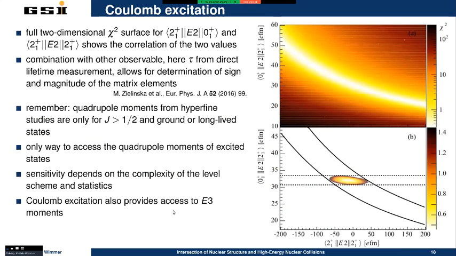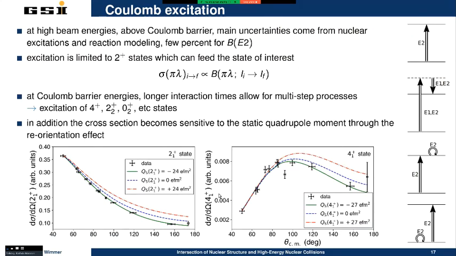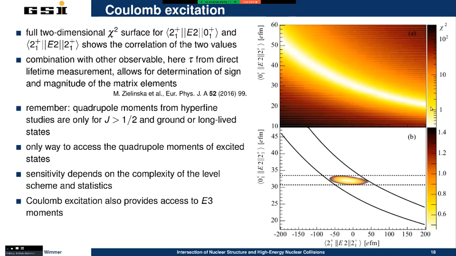Maybe it becomes a bit clearer on this plot, because typically the way this is analyzed is in such a plot where you show the transitional matrix element and the diagonal matrix element in this two-dimensional plot.